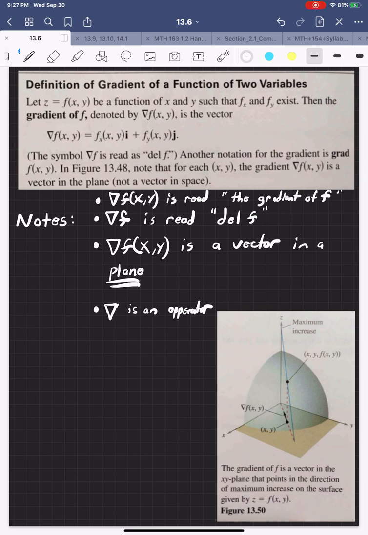I think it's important to point out things like how do we read the notation? Like if you had to read it aloud to yourself or to someone else. That's why I always try to make sure that you understand. But let's go ahead and write the gradient in its entirety.